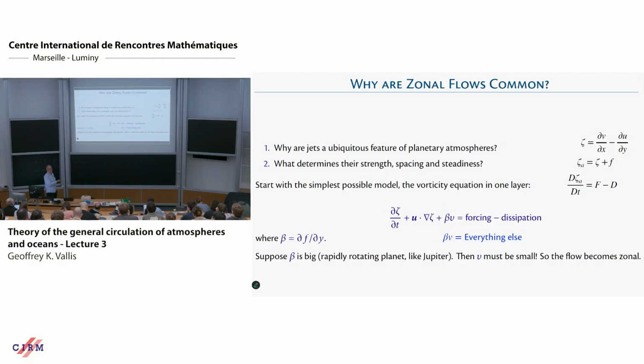Beta is just df/dy. This term here is v df/dy. If you like, it's the advection of planetary vorticity. So this, which will be very familiar to those of you who have a meteorological background, is just a conservation equation for vorticity. It's the equation of motion in 2 dimensions.